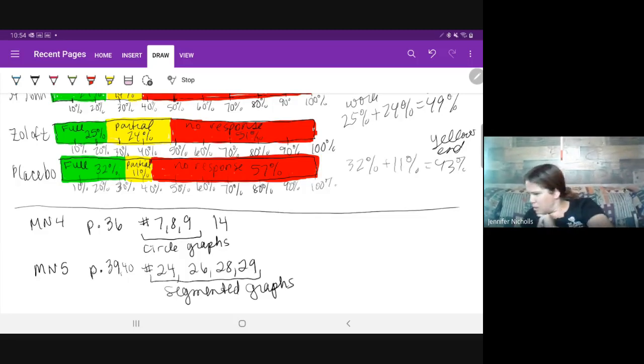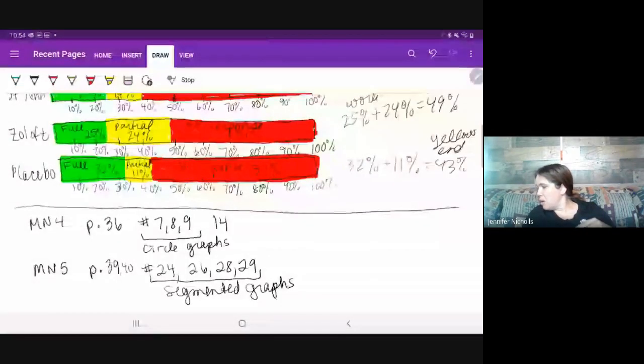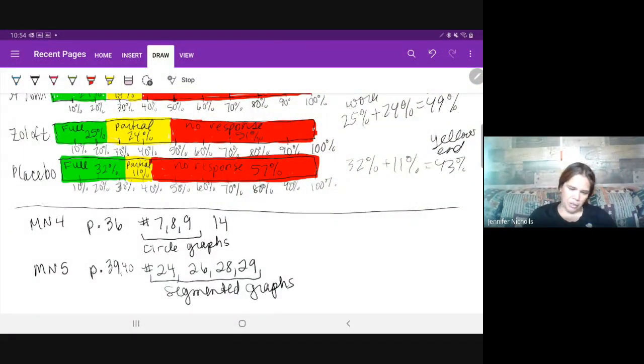And then another one was about federal prisons and violent offenders, property, drugs, weapons, things like that. So there's only 5. It's not too bad. And then 28, 29 was in 1991 and 2001. What's the difference between both parents working full time, or one working full time and the other part time? So it's kind of an interesting thing.